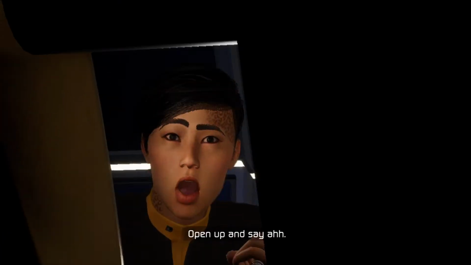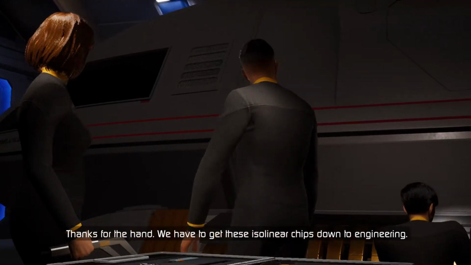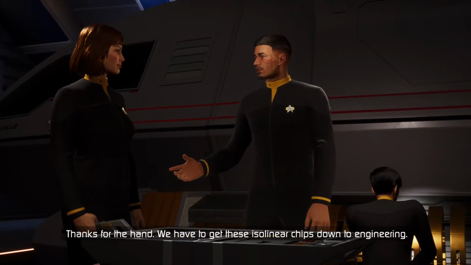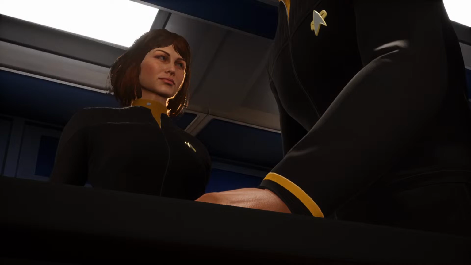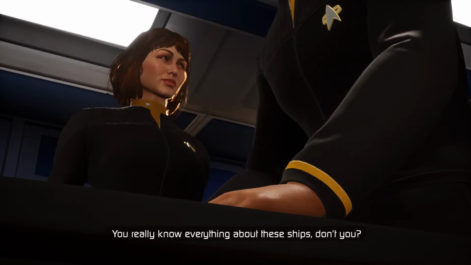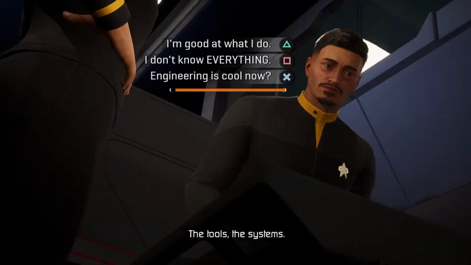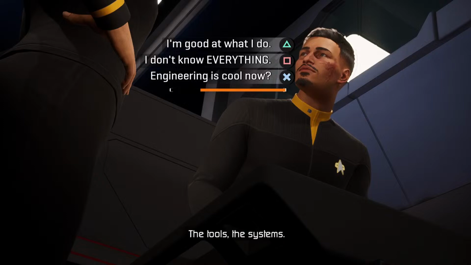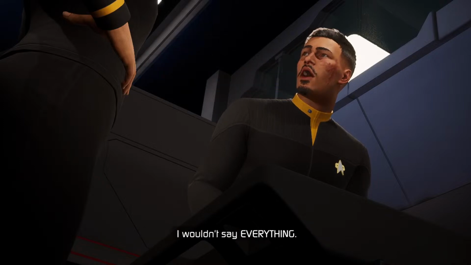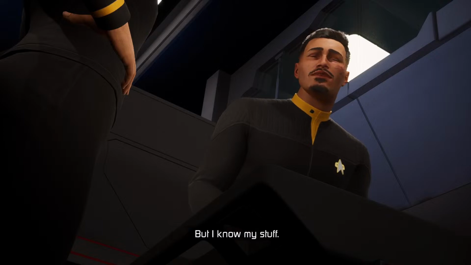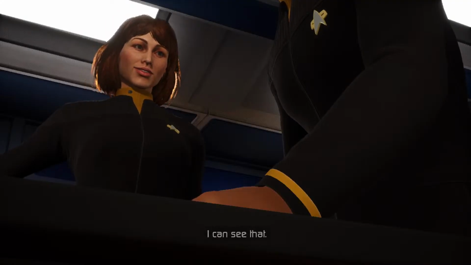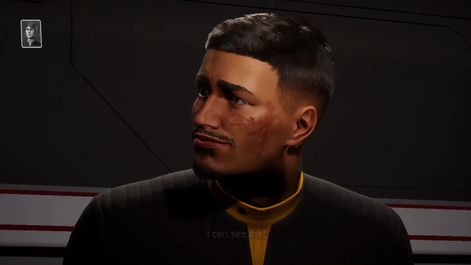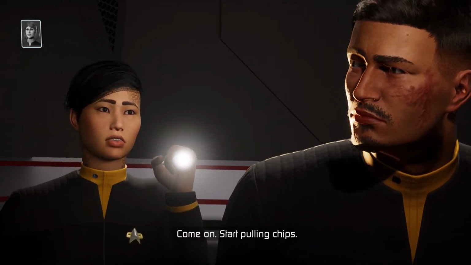Open up and say ah. Thanks for the hand. We have to get these isolinear chips down to engineering. No problem. You really know everything about these ships, don't you? The tools, the systems. Like a walking Starfleet technical manual. Well, I wouldn't say everything, but I know my stuff. I can see that. Come on, start pulling chips.